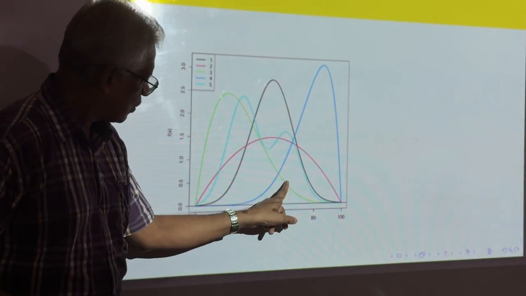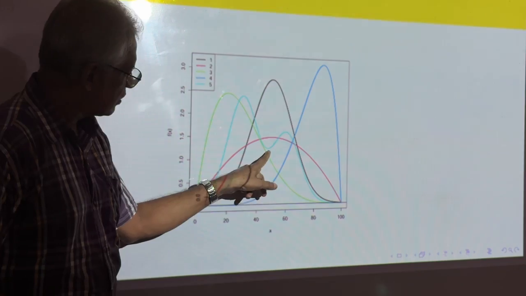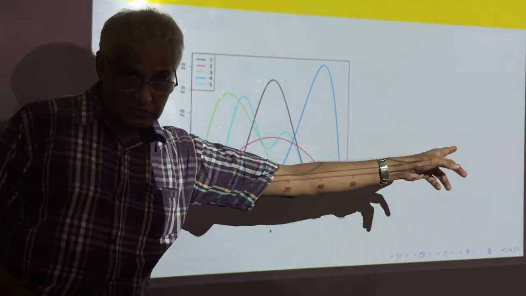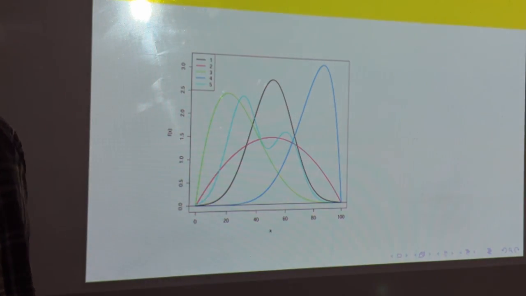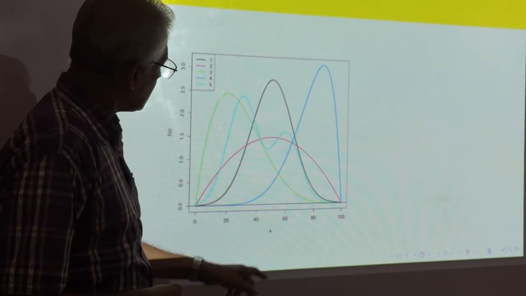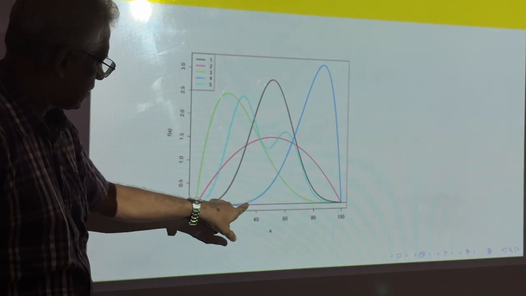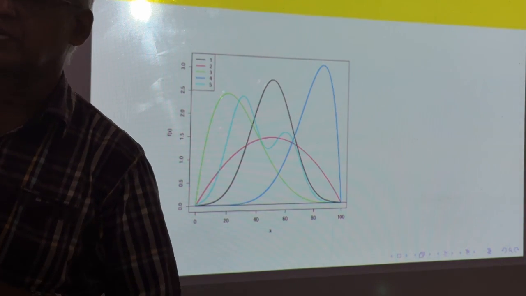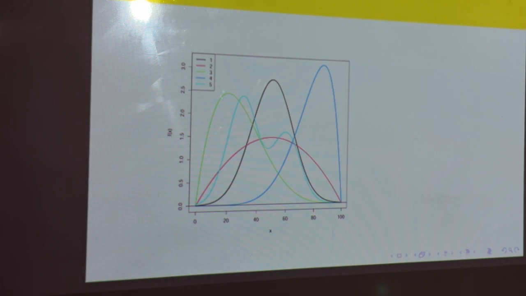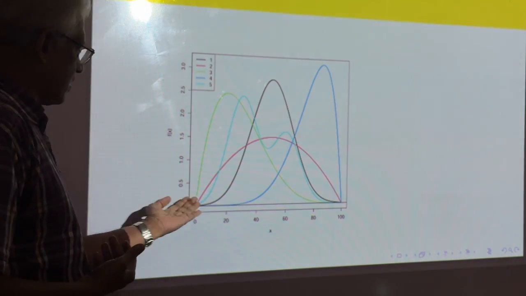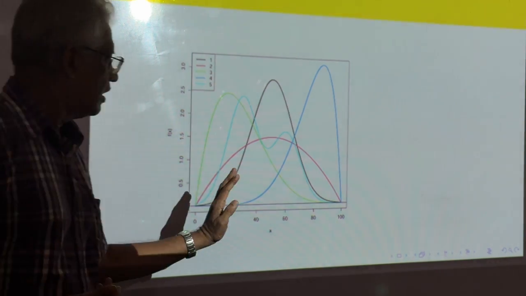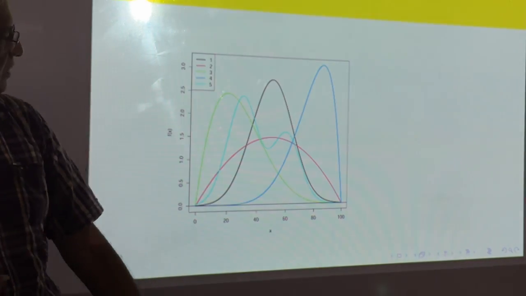This is called the tail of the distribution. This one has a tail to the right side, so it's called right skewed or positively skewed. For this distribution, the tail is going to the left, so it's called left skewed or negatively skewed. This direction is the negative direction, this is the positive direction.